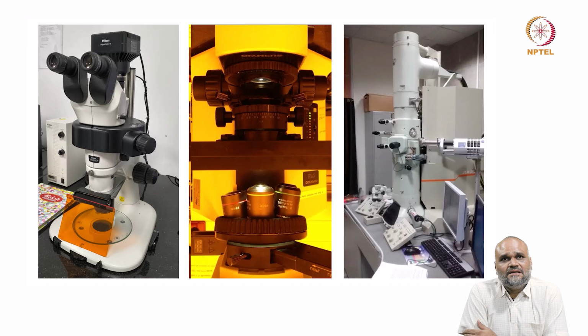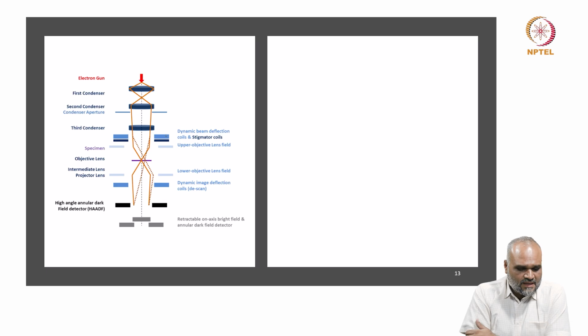Now, let me show this in a little more detail and give you a ray diagram of how the construction of a transmission electron microscope looks. Here you see that at the top you have an electron gun, and then you have the condenser lenses followed by the condenser aperture.